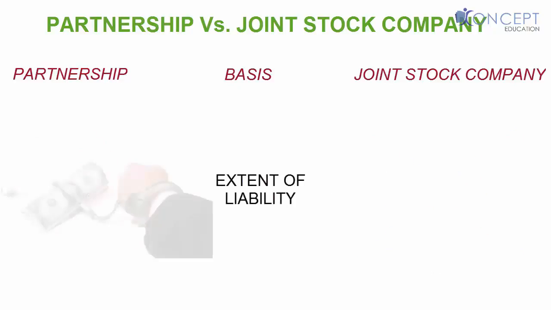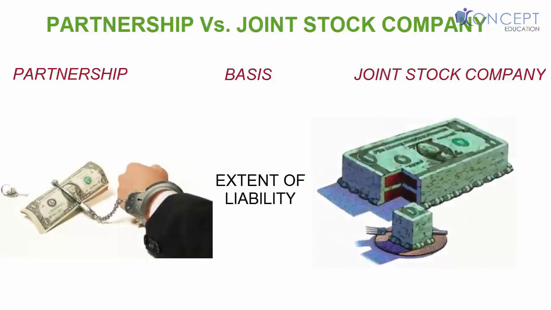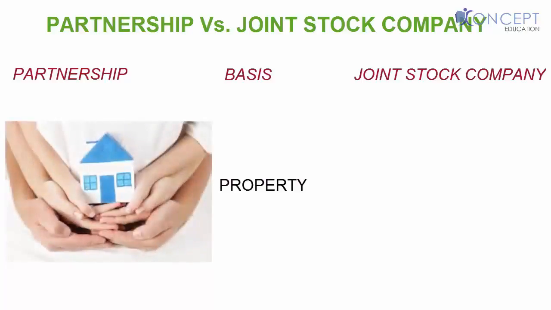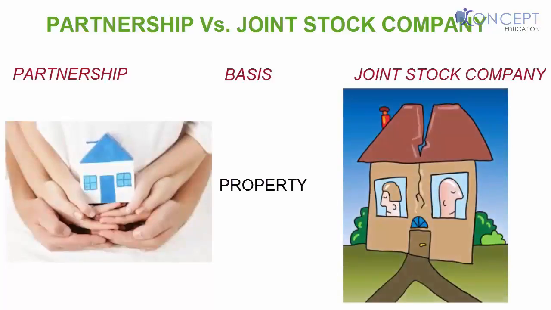Extent of liability. In a partnership, the liability of the partners is unlimited. But in a company, the liability of the members is up to the amount of the shares held by them. Property. The firm's property is the joint estate of all the partners. But the company property is in the name of the company, not in the joint name of all its members.